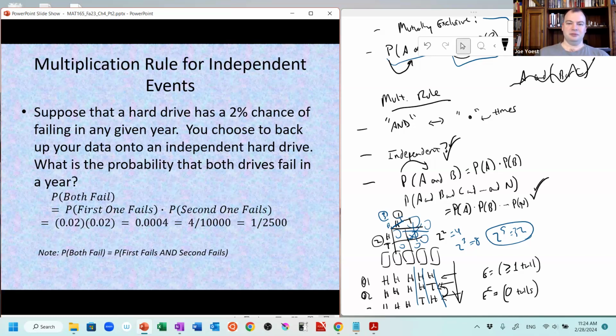I might have gotten 2 hard drives from the same batch and that was a bad batch that just fails a little sooner. There might be something that happens to my desk or my house, like a flood or whatever, that destroys them both. If I'm super careful, maybe I have one hard drive in a safety deposit box at one bank and another hard drive in a different safety deposit box at a different bank.